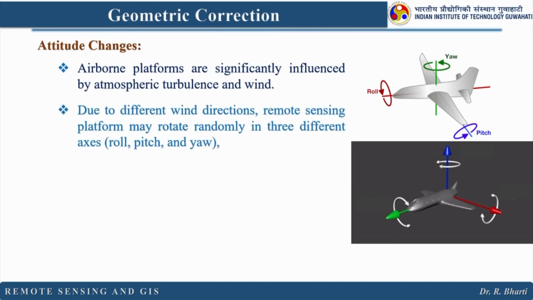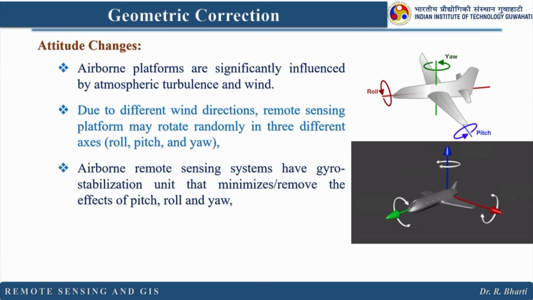So, due to different wind direction, the remote sensing platform may rotate randomly in 3 different axes: roll, pitch and yaw. Airborne remote sensing systems have a gyro stabilization unit that minimizes or removes the effect of these 3 axes, right.